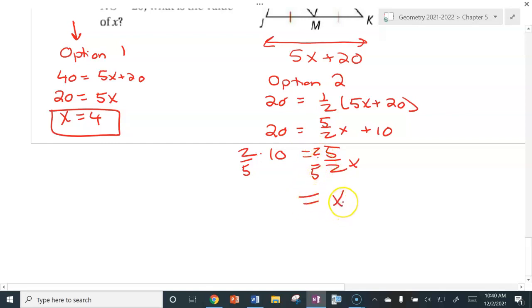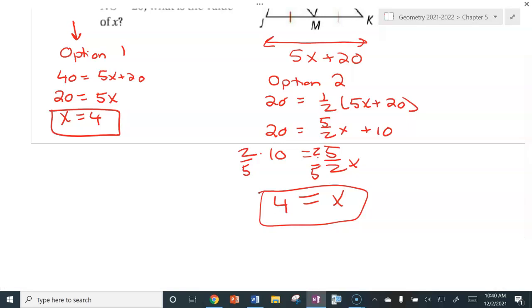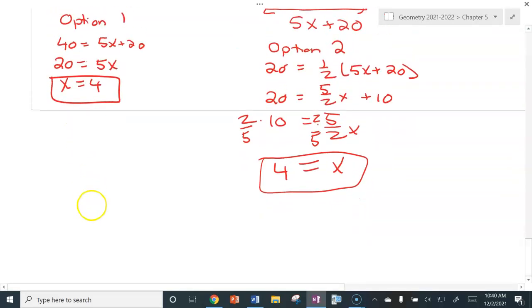You get x over here. 20 over 5 is 4. So you get the same thing, but option 2 involves a little bit more work. I just want to reiterate that both approaches are fine with me, and I would just recommend that you do the one that you like the best, and I think option 1 is easiest, so that's the way that I would recommend.